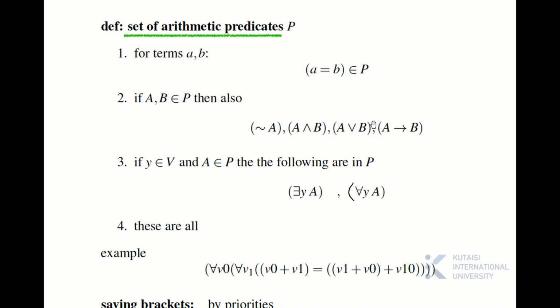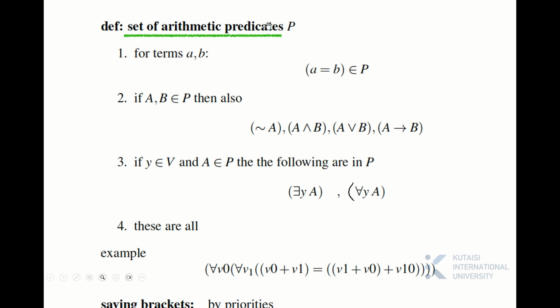But the term was some kind of expression in natural numbers, like A plus B. The arithmetic predicate would be something that I think of as having a truth value. Is A plus B true? It has no meaning. But A equals B is somehow either true or not in my head.